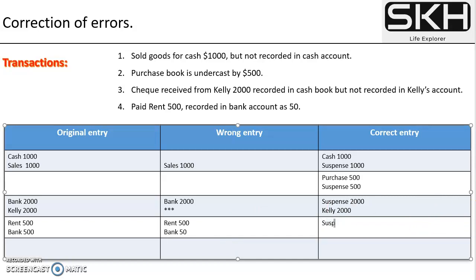So I will debit suspense by 450 because the first account was right, and the bank account will come here as 450. So students, this is how we record the transactions that are only on one side of an account, or those transactions which affect the trial balance, to make our trial balance equal with the help of a suspense account.